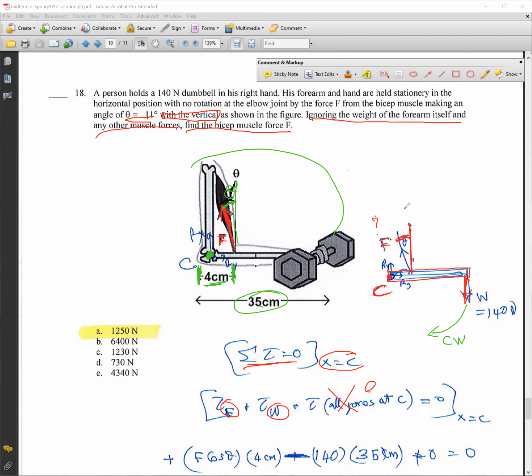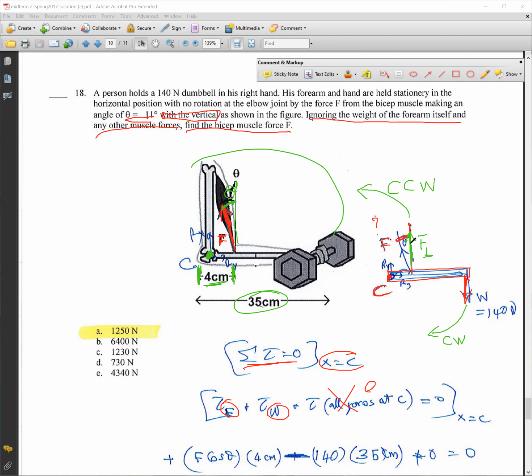Now, for the force, you see it's causing a counterclockwise rotation. Bear in mind, what is causing the rotation is the vertical component of force, F perpendicular.